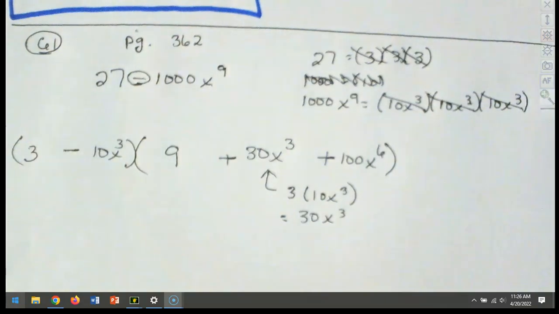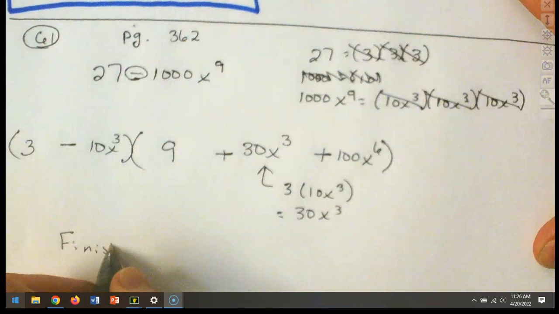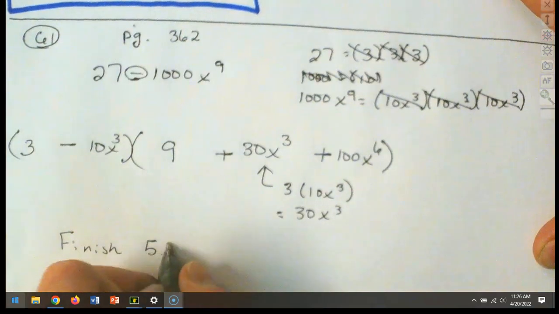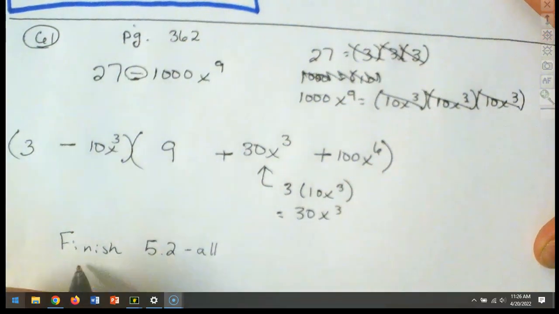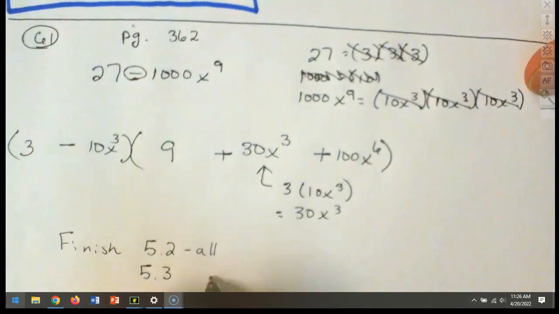You should be able to do your homework now. You should be able to work through and finish up 5.2. You should be able to do them all. And 5.3, we can't quite do them all, but you can do all of them except, it looks like, 11.